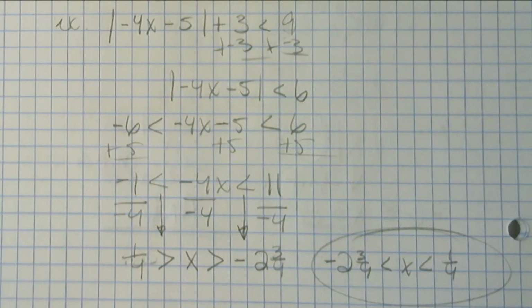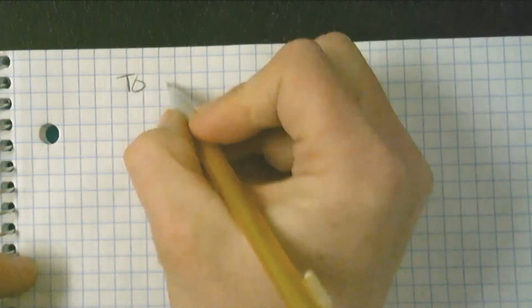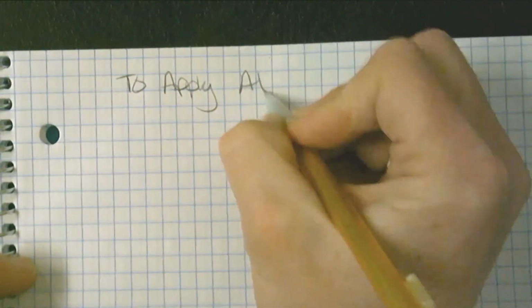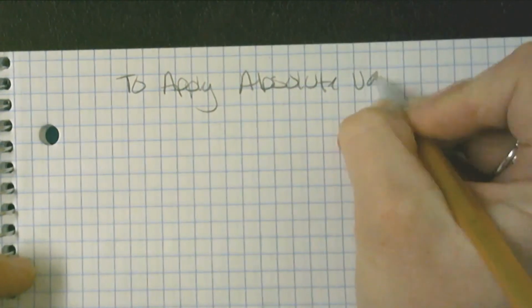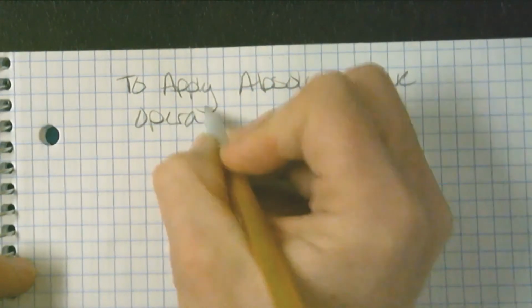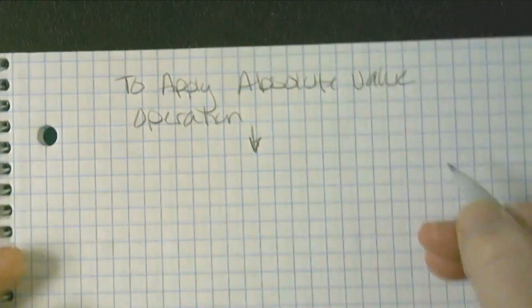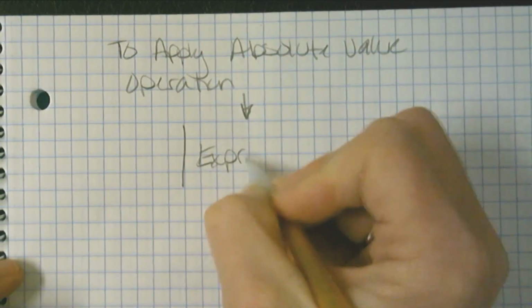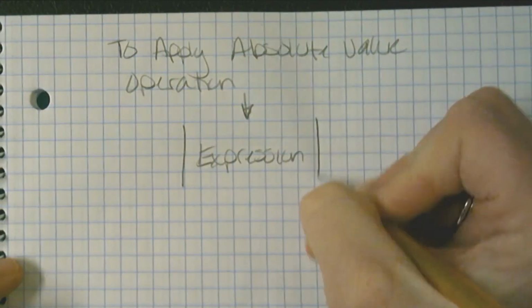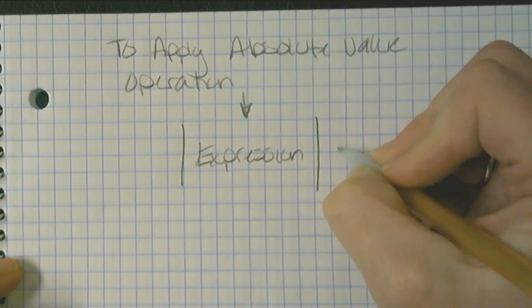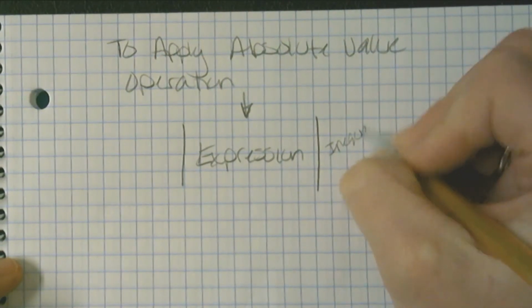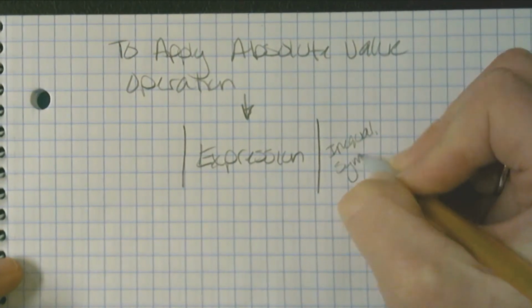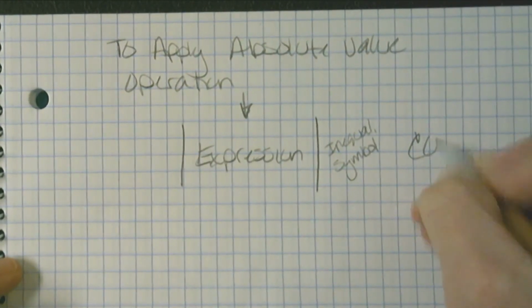Questions on that? All right, so let's review something for a second. For us to be able to split it, I'm going to say to apply the absolute value operation, we must have the absolute value expression alone on the left, and then our inequality symbol, and then a constant.